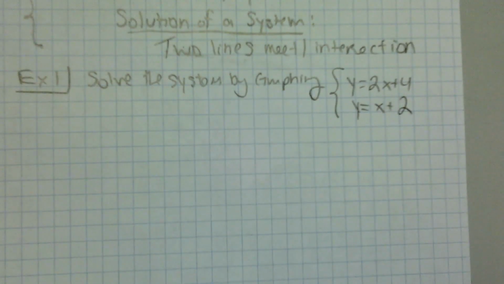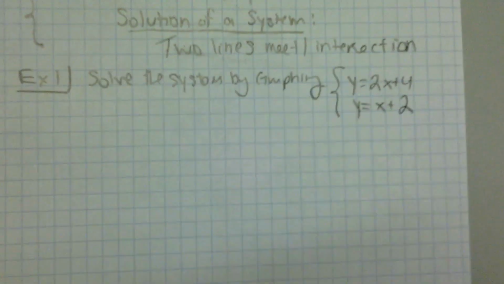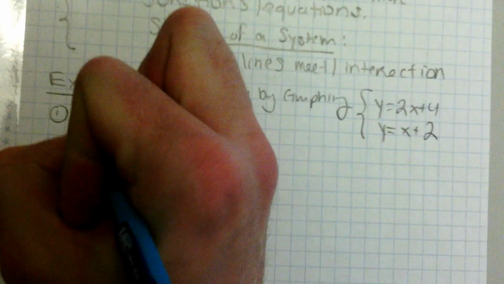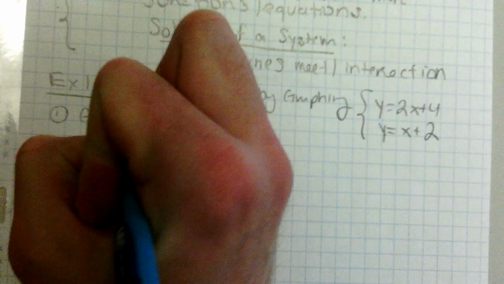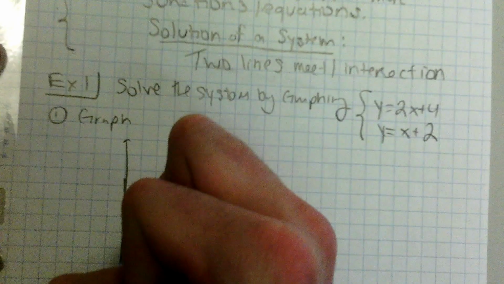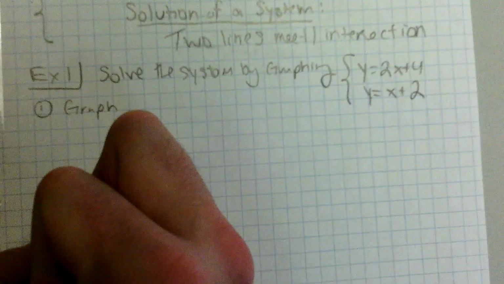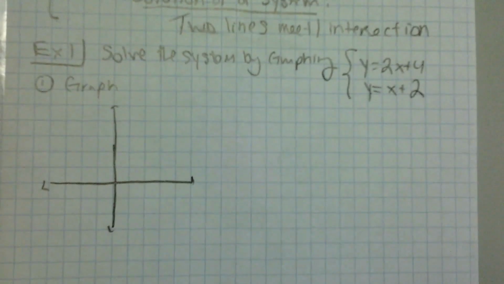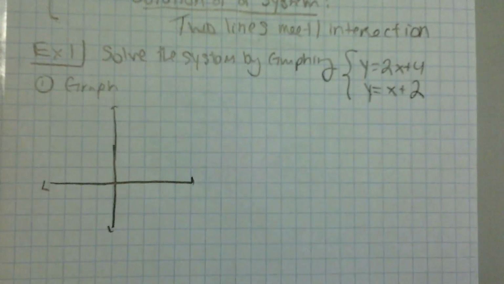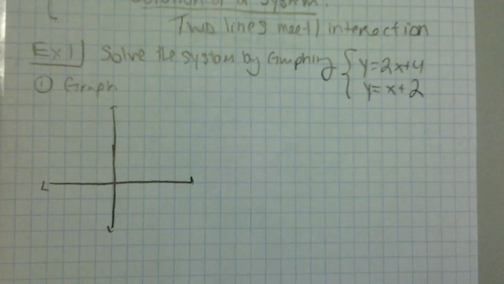We learn 3 to 4 different ways to solve these, so let's graph. That very first one, y equals 2x plus 4. What's the first thing I'm going to do when we graph slope-intercept form?